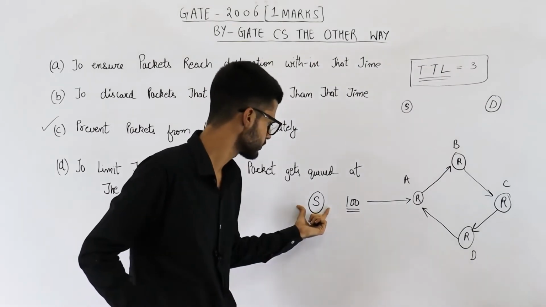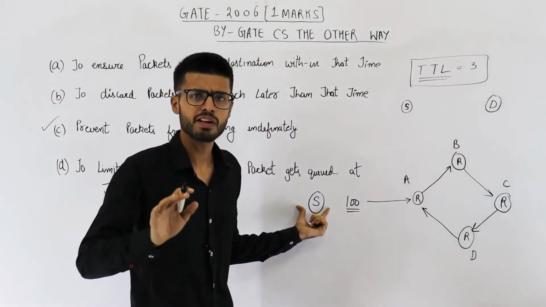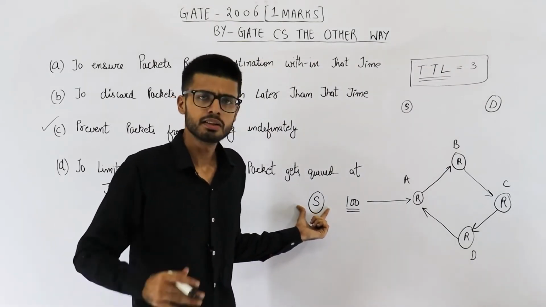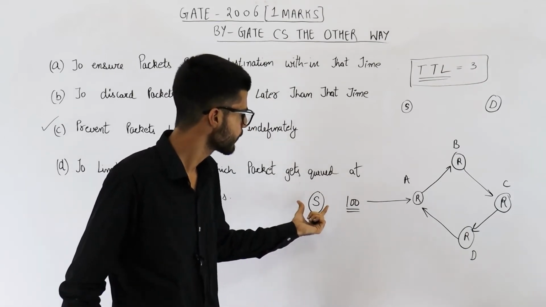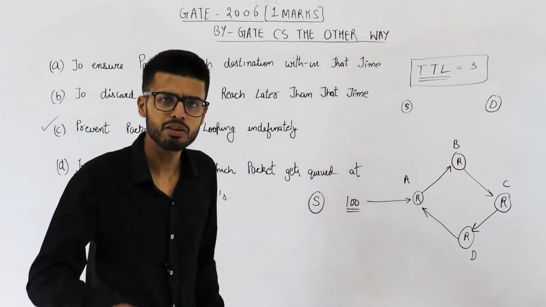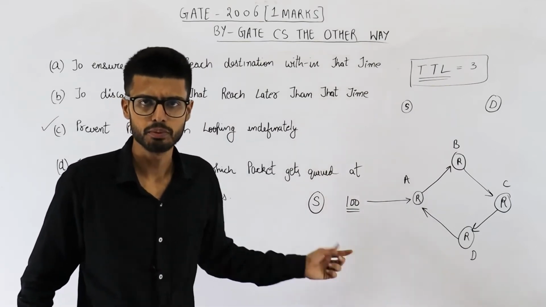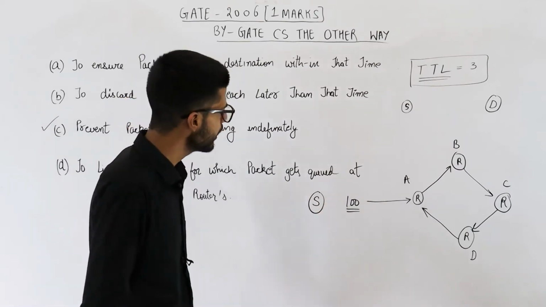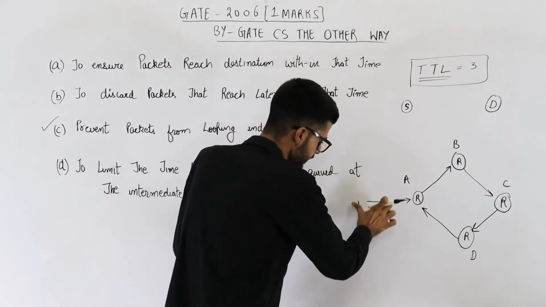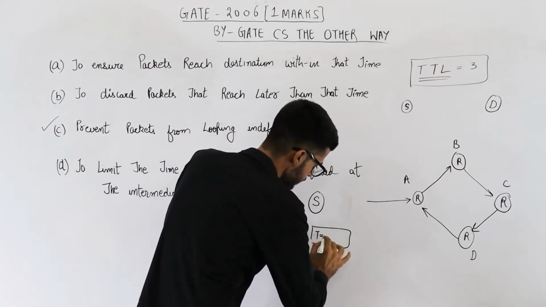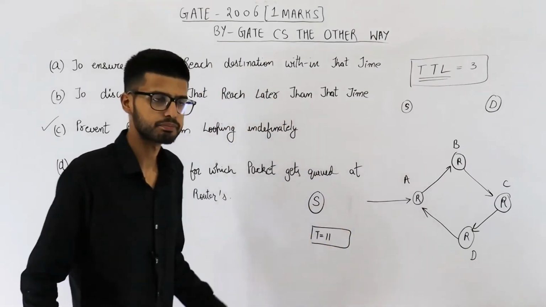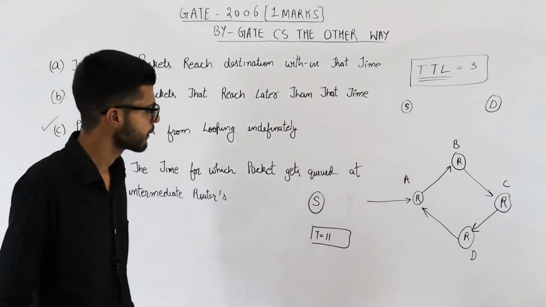Suppose this source knows that the destination must be reached within a maximum of around 10 hops. That means the source knows that the destination is approximately 10 hops away from this point. It will just create a packet and say TTL is equal to 11, or 10 maybe.